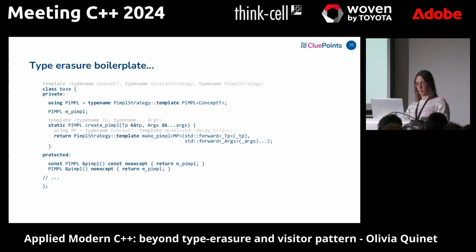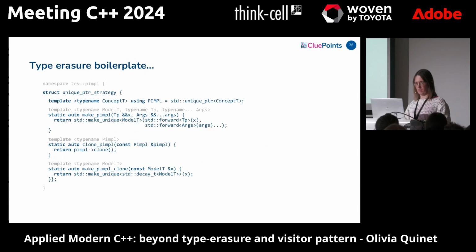So create pimpl is, in fact, again quite easy. You forward everything to the pimpl strategy. And you have access to our pimpl to actually play with the pimpl in a derived class. So here I present a pimpl strategy with the unique pointer strategy, which is often used.